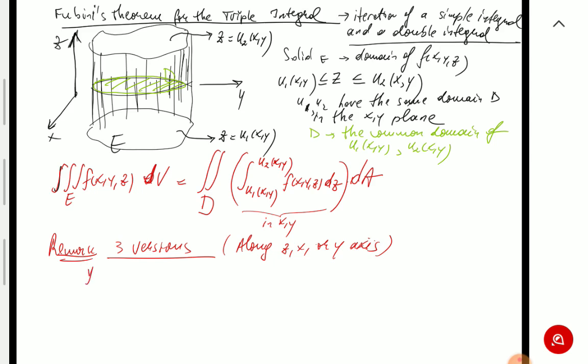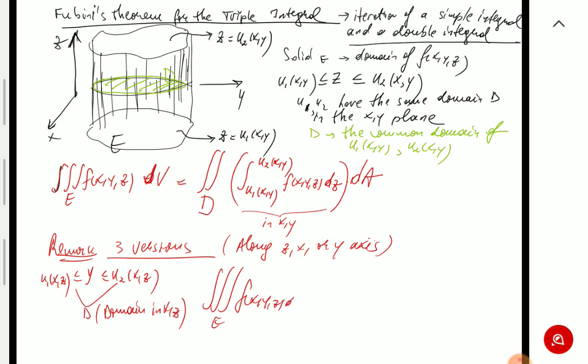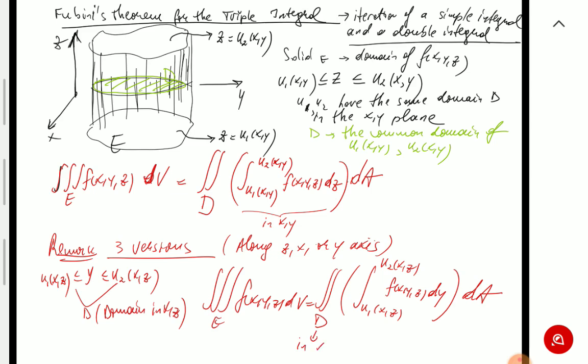So for example, if you have y between two functions in the other two variables, x and z, I hope it's pretty clear that in this case, and again, these will have the same domain D, the domain in x and z, then the triple integral will be the split between a simple integral over the bounds of y, u1 of xz, u2 of xz, f of xyz dy, and then the outermost integral will be a double integral over the common domain in x and z.